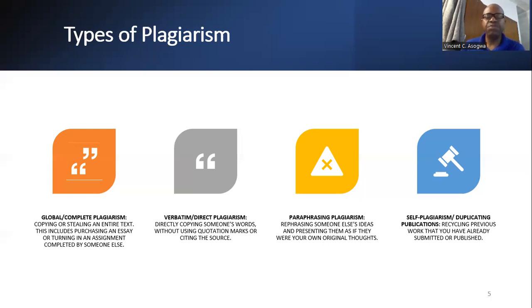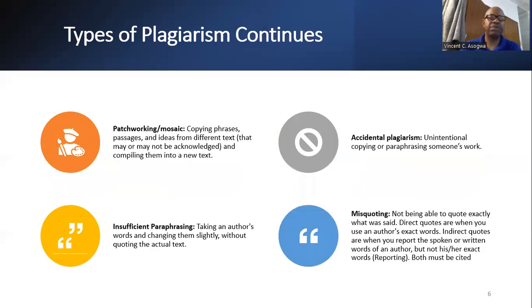That is paraphrasing plagiarism. The fourth one is self-plagiarism or duplicating publications, where you recycle previous work that you have already submitted or published somewhere else.